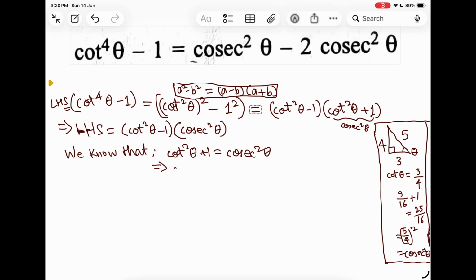Now if we just put cot square theta on one side of the equation and take the plus 1 on the other side and put there minus 1, that is cosec square theta minus 1. Now we are going to use this equation. Now let LHS be equation 1 and this be equation 2.